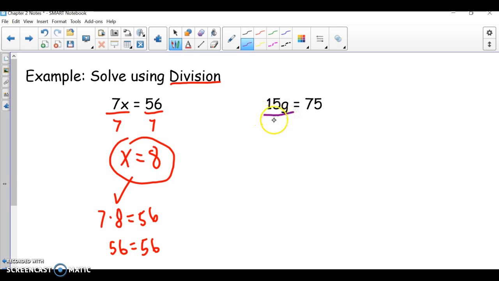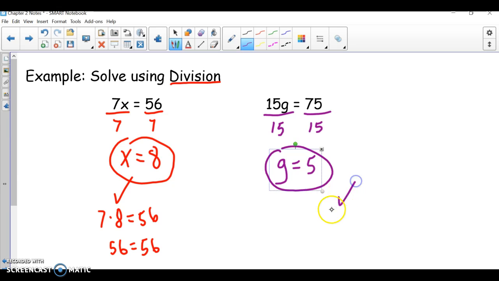We can take this side and divide by the coefficient of 15 and do the other side divided by 15. 15g divided by 15 is just 1g. 75 divided by 15 is 5. So our answer, g equals 5. You could double check that with a calculator, does 15 times 5 equal 75? And it does, so you know you got that correct to move on.